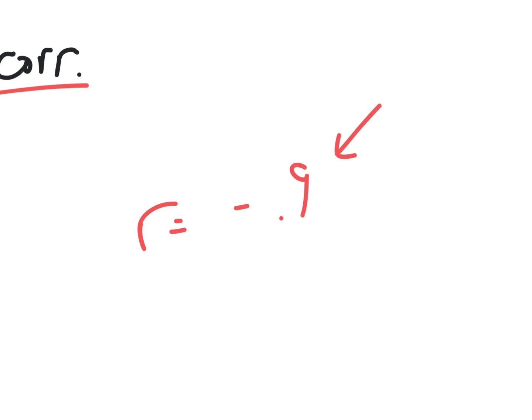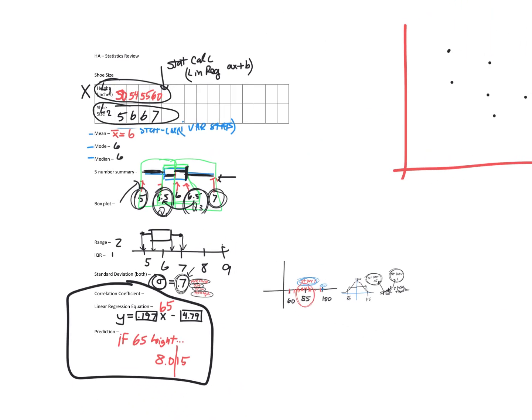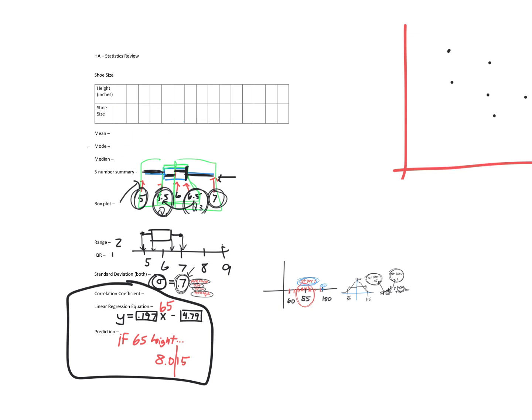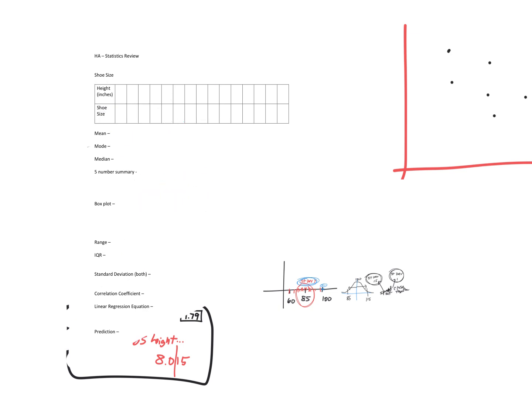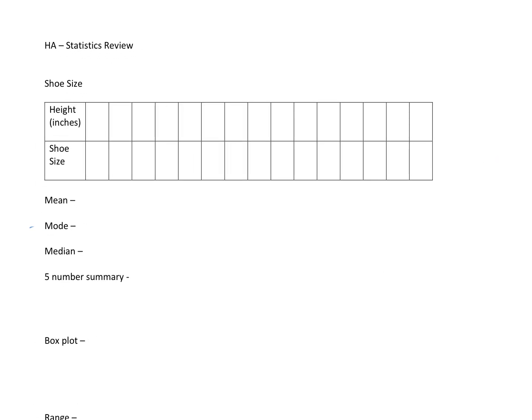I want to give you the same worksheet that I gave you before, but with new numbers. So erase everything out. Here are the numbers I want you to use: 60, 65, 70, and 75.